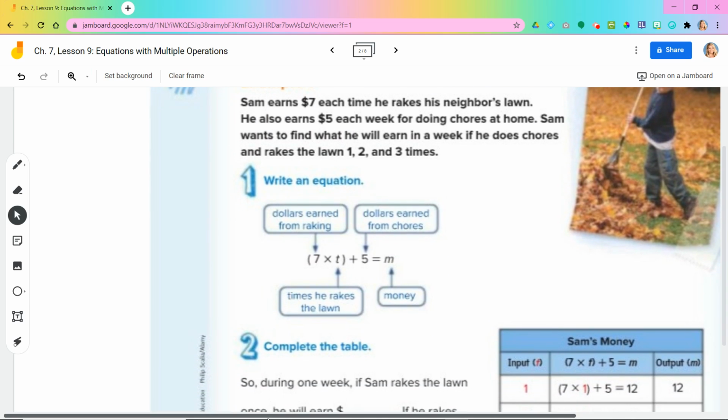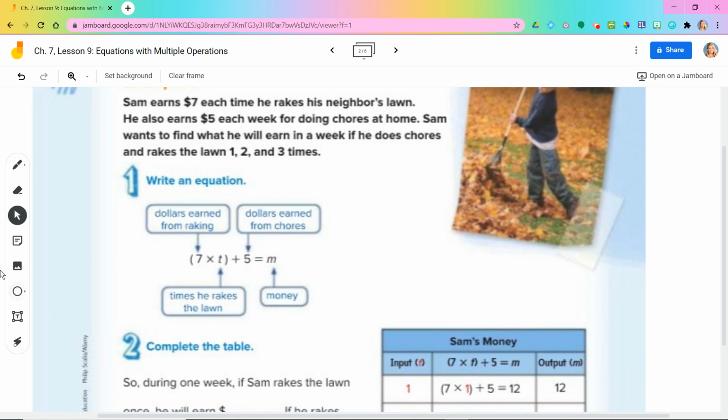Example 1 says that Sam earns $7 each time he rakes his neighbor's lawn. He also earns $5 each week for doing chores at home.